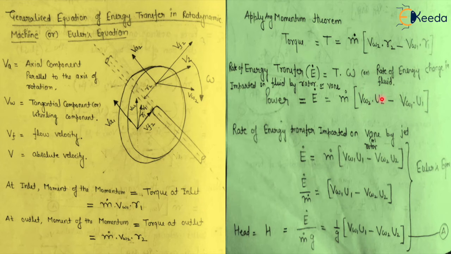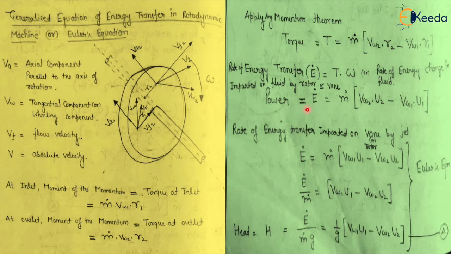You know very well U is equal to R omega. So for the outlet condition the value will be R2 omega, and for the inlet condition it will be R1 omega, and I have replaced R2 omega with U2 and R1 omega with U1.